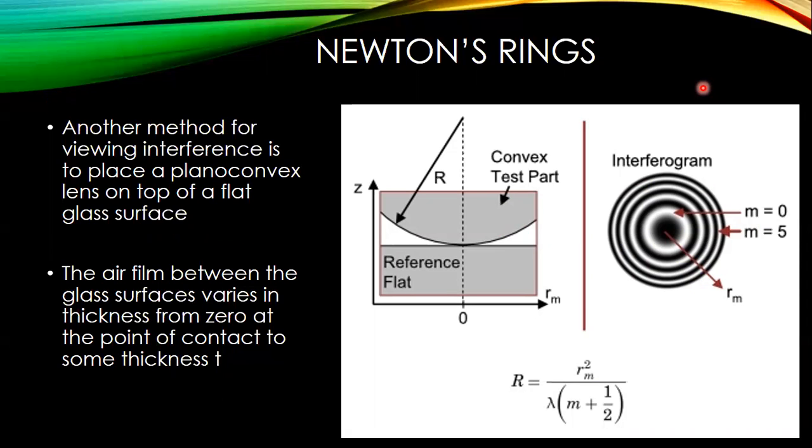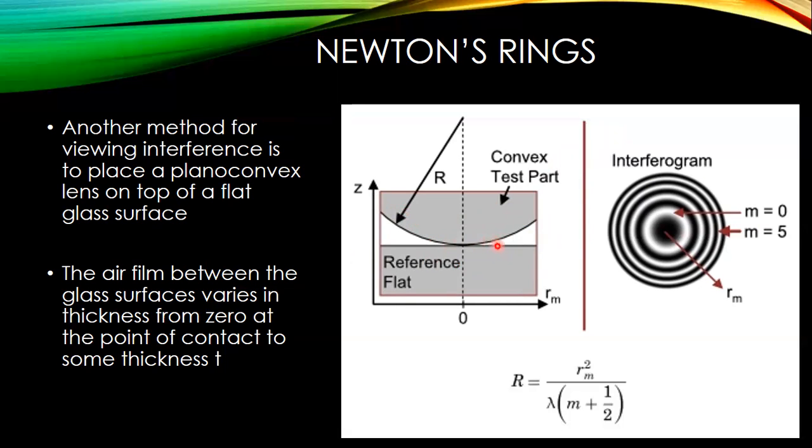Basically, spherical shape was the easiest to grind, so most lenses were ground spherically. But how do you actually determine whether or not what we are creating here is a perfect sphere? Well, something interesting happens when we take a spherical surface and place it on what's known as an optical flat. We have a perfectly flat surface, another optical surface, and this curved surface.